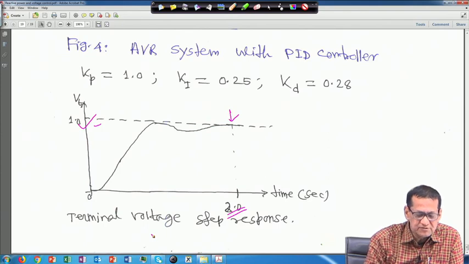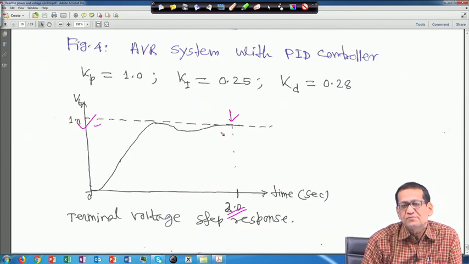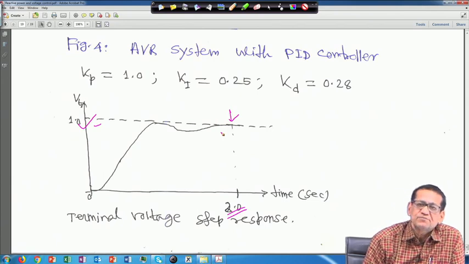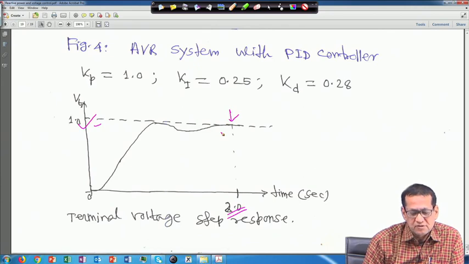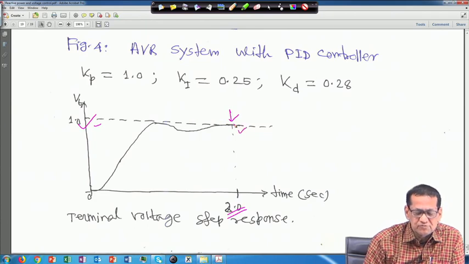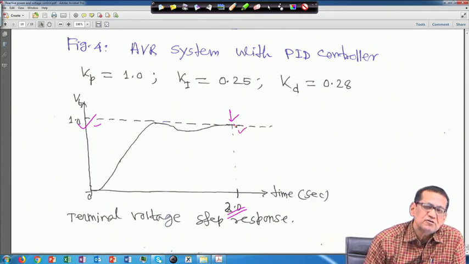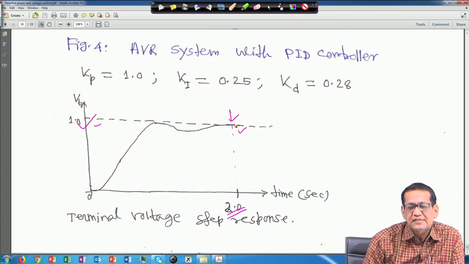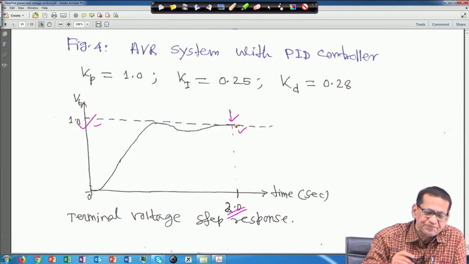There is no figure number for this one, but there is no overshoot here. Because of derivative action, oscillations have been wiped out and there is no overshoot, and it settles somewhere nearly 2 seconds. So, when you put a PID controller, you can see that your settling time is very small.